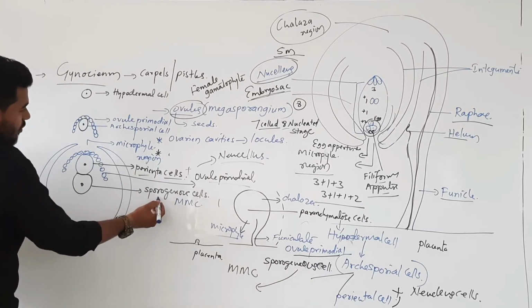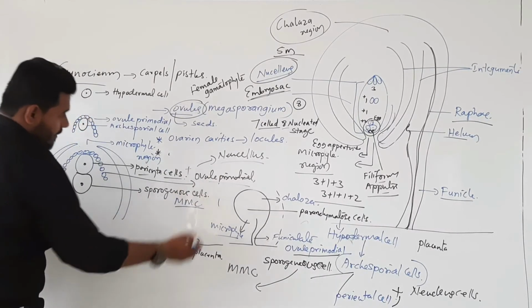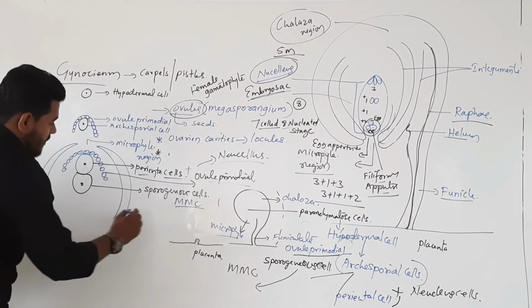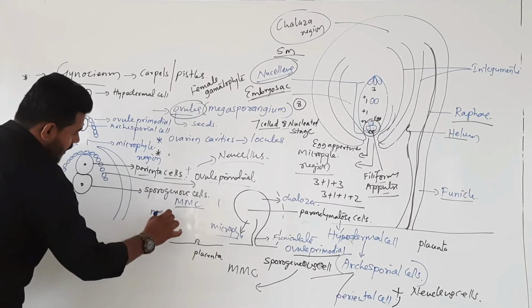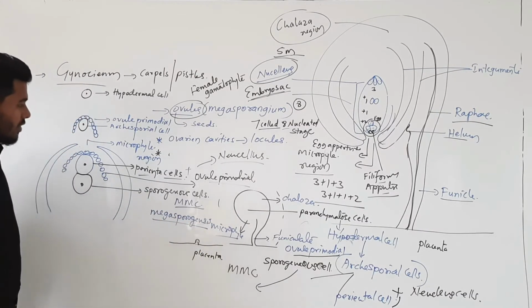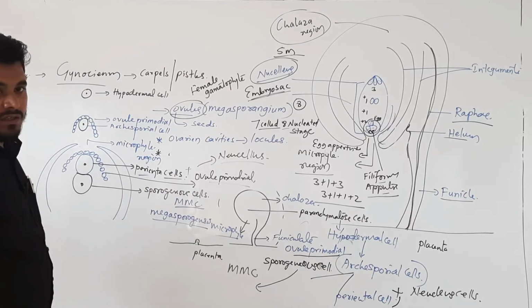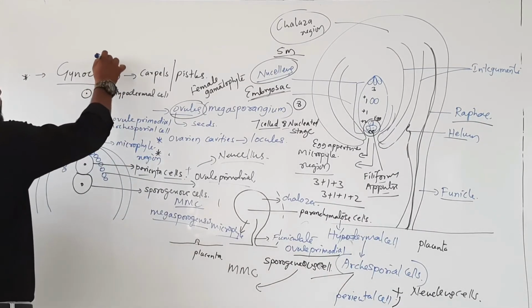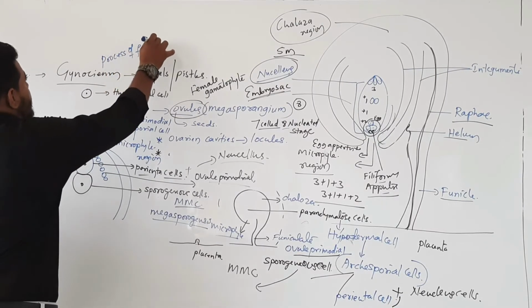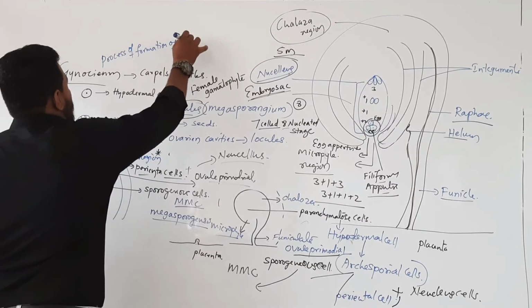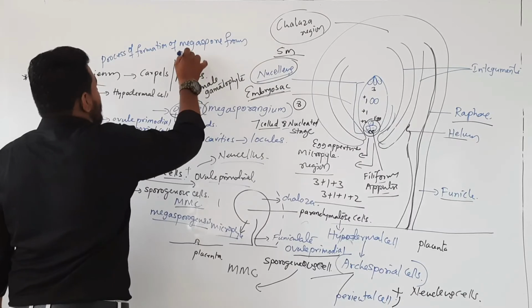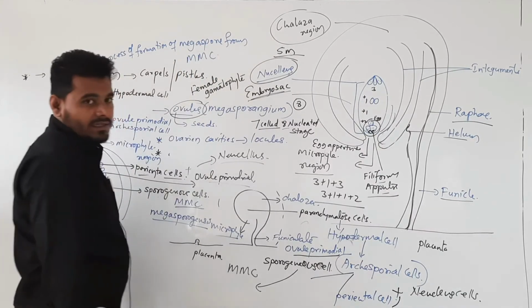Now this sporogenous cell, which behaves as the megaspore mother cell, enters into megasporogenesis. So what is megasporogenesis? Megasporogenesis is the process of formation of megaspores from the megaspore mother cell.